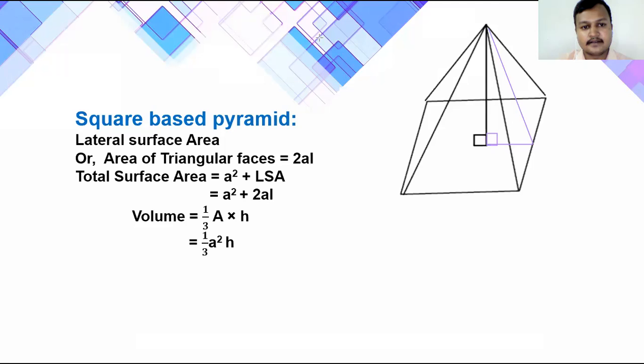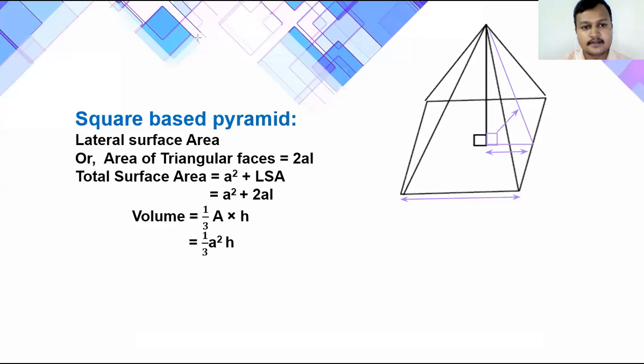For this triangle, hypotenuse is slant height and perpendicular is vertical height. And what is the value of this base? Vertical height is known, slant height is known. What is the value of this base? That is equal to half of length of base. If the length of the square is A, then it is A/2.